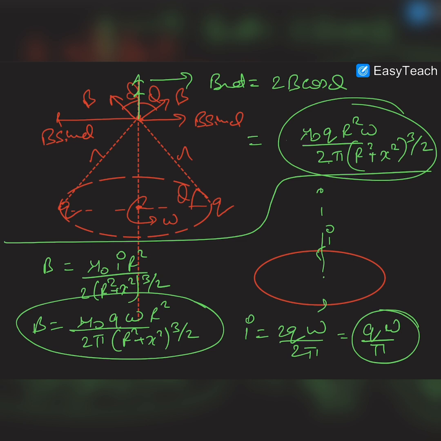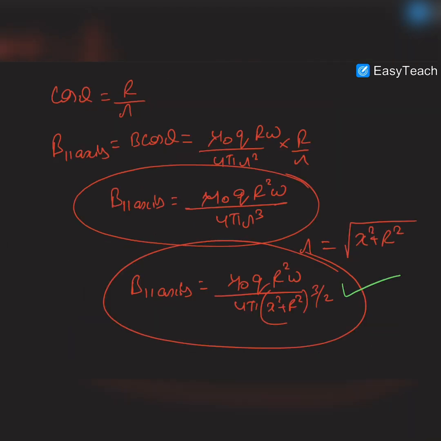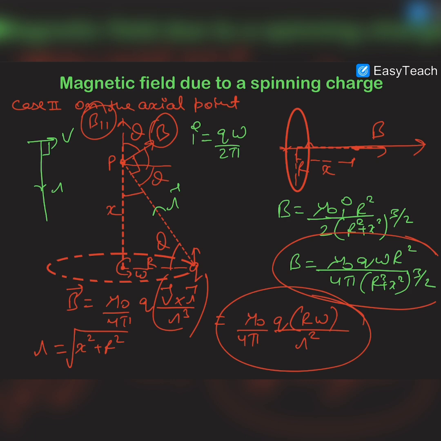Okay, so this is a very important thing to note that when you are using the analogy of current carrying loop to find out the magnetic field due to a rotating charge, then you should always consider a fact that if that charge is a single charge which is rotating in a circle, then you can use the analogy of current carrying loop to find out the magnetic field at the center without any changes.